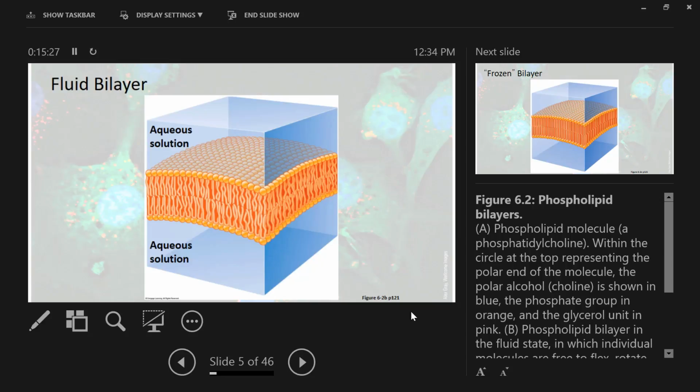You'll get two layers of these phospholipids forming in such a way that the polar head can interact with the outside of the cell where there's water, and with the inside of this membrane where there's water. It's not necessarily a cell, it may just be a membrane. And then the fatty acid tails will interact with the fatty acid tails from the other phospholipid, and you form this massive nonpolar region.